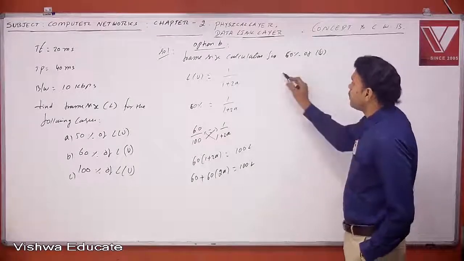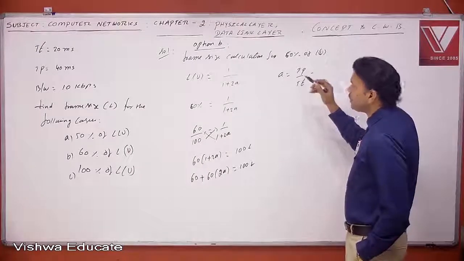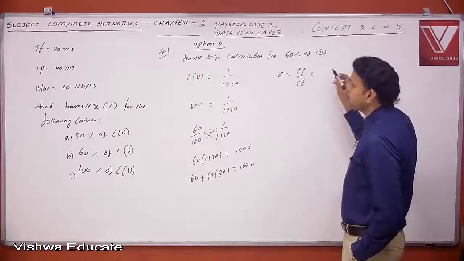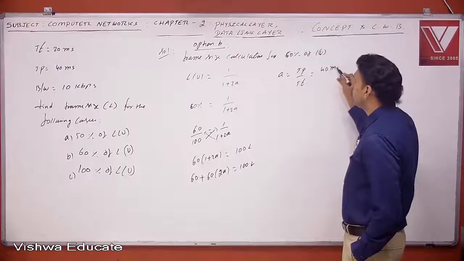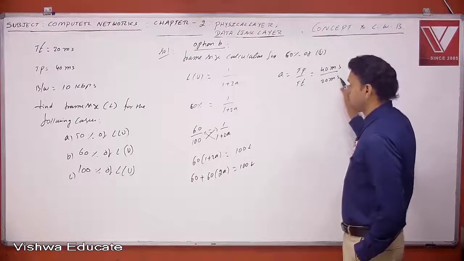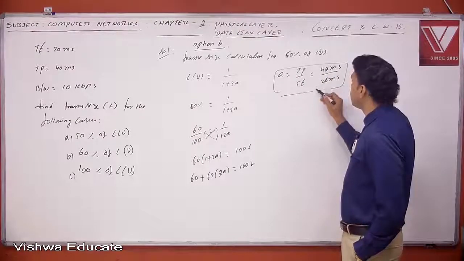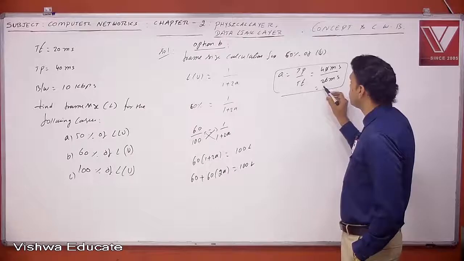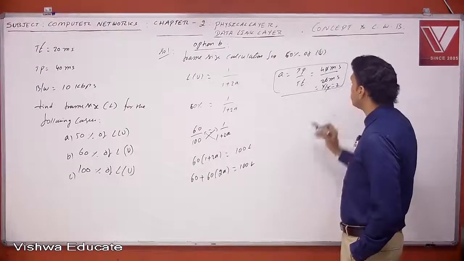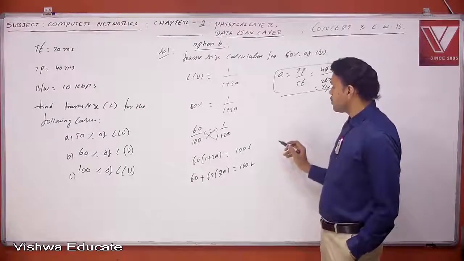Now what is the a value? a is equal to Tp by Tt. Tp is mentioned there as 40 ms by 20 ms. Therefore, it's nothing but 4 by 2. It's nothing but 2. So we come to know the a value is 2.